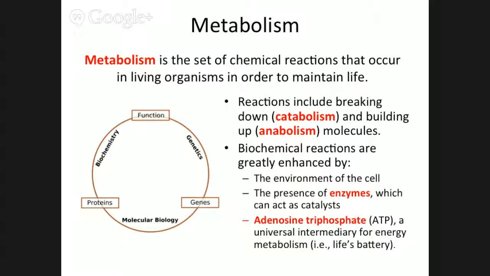So really basically it's just a set of chemical reactions that happen in living organisms to maintain life, a very general term. It can be broken down into things that break down chemicals, all right? That's called catabolism, all right? If you've heard the word catalyst, we usually think sometimes in English, catalyst is like helping things happen, right? Bringing people together. In fact, it's the opposite in chemistry. It's breaking things apart.